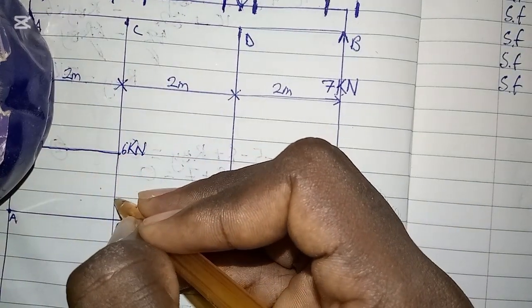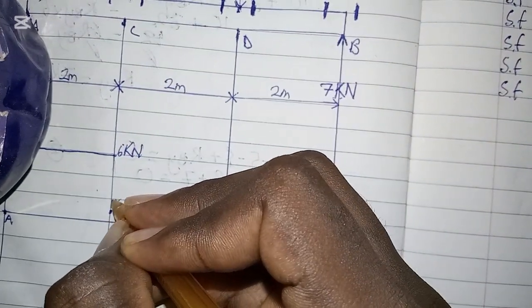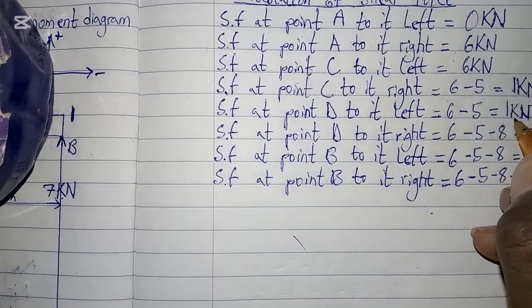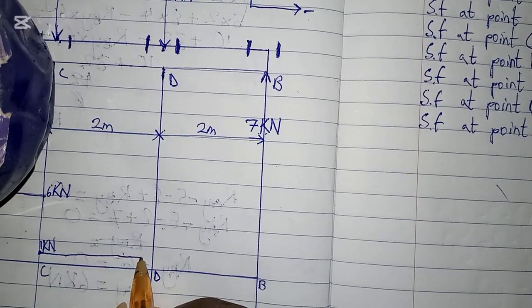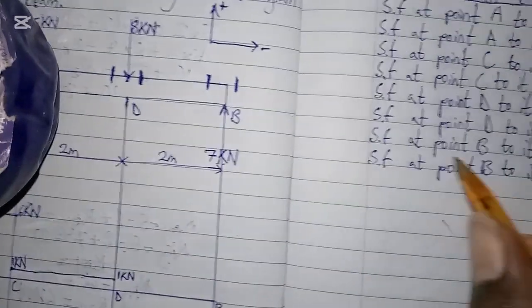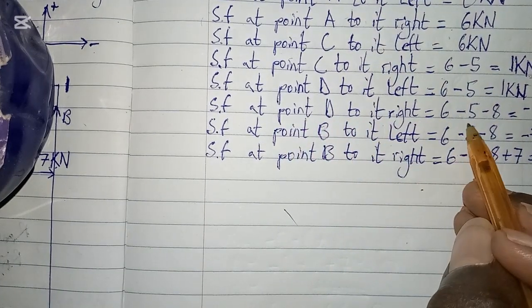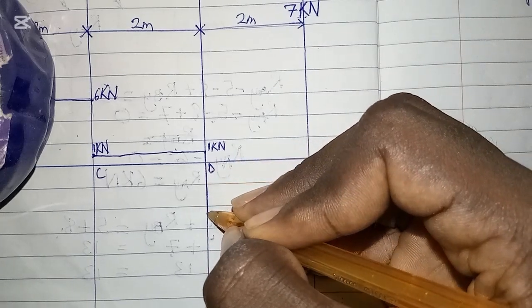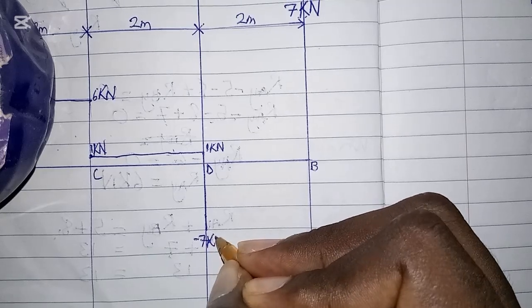So let's assume 1 kilonewton will be here. Shear force at point D to 8 left is also 1 kilonewton, so 1 kilonewton will be here too. And shear force at point D to 8 right is negative 7 kilonewton.